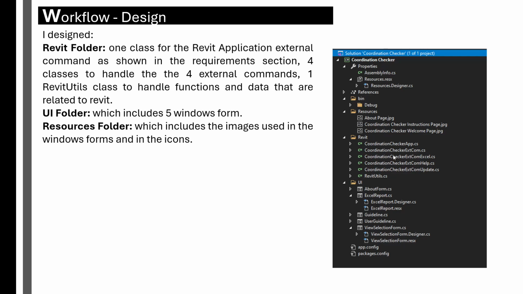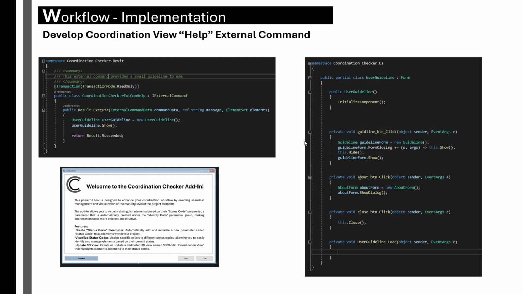This is the Revit folder, which consists of the application or external application, the external commands, and the Revit utilities, which is a middle class that handles the communication between the Revit application and the Windows forms. And these are the Windows forms and also the resources files to put the images in, as the data that we want to show.